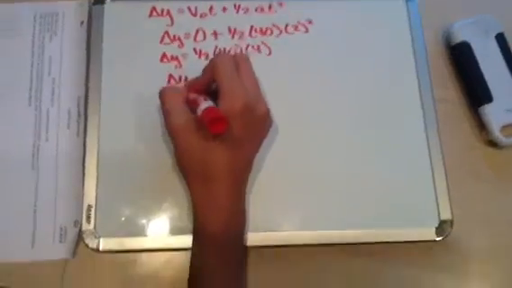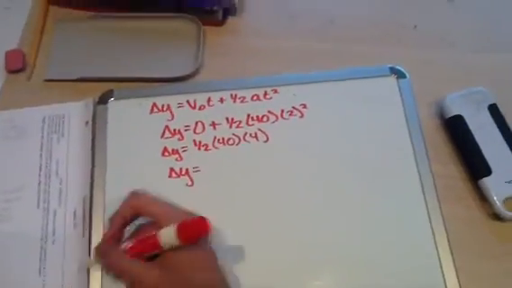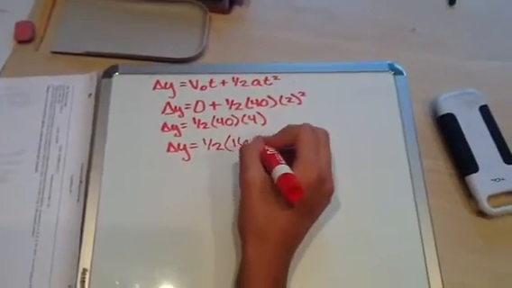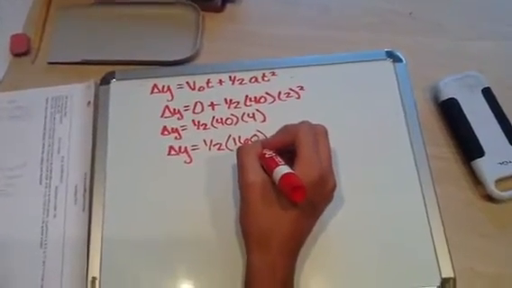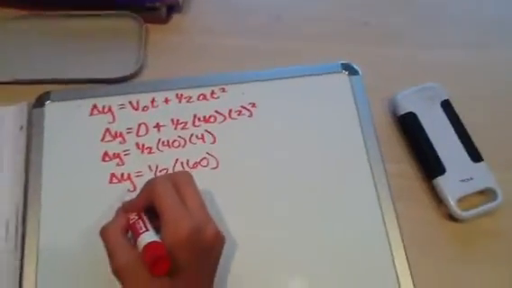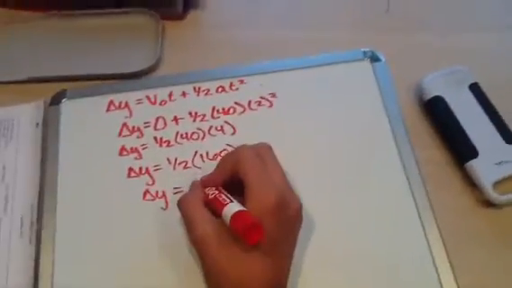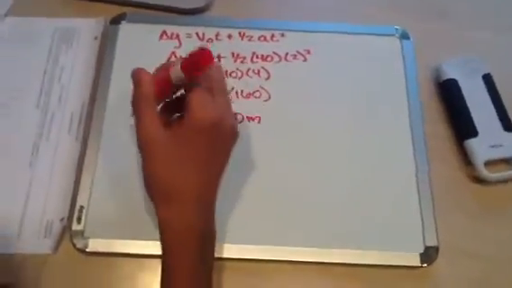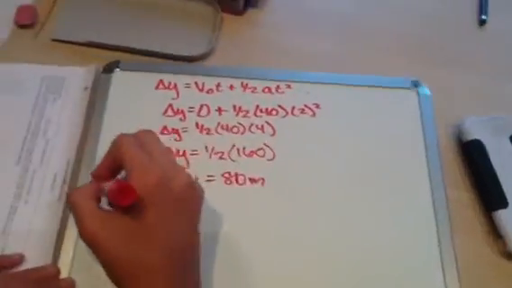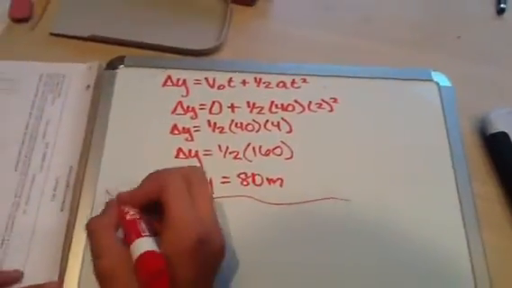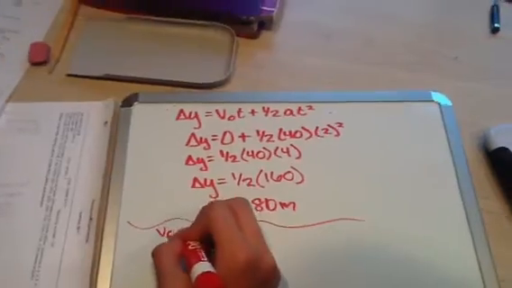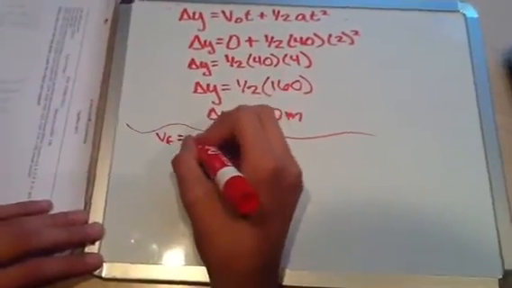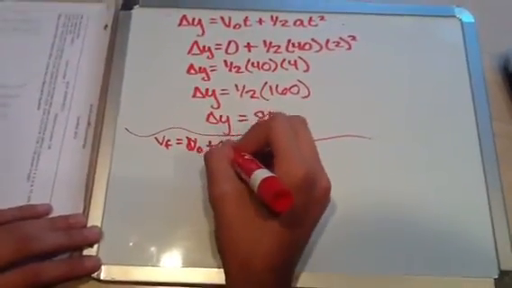So we know that the distance in the first part, in the first 2 seconds, is 80 meters. Now, we use the second part. We find the final velocity by putting v final equals v initial plus acceleration times time.